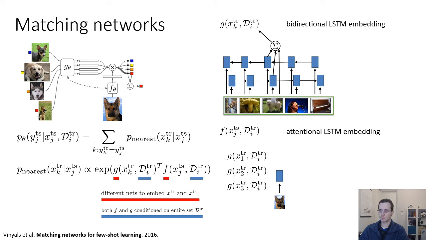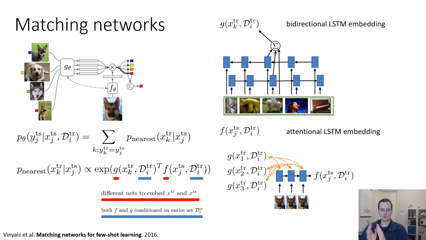And then after that, for every data point in D-train, they have a different time step of their attentional LSTM, where at each time step they feed in the test point, and they do attention to attend to each of the training points. So the number of time steps here is equal to the number of training points, and then the hidden state of the LSTM after these steps is the embedding of the test point. They could have used the bidirectional LSTM here too. For some reason they chose to do this attentional thing. I assume because they found it to work better.